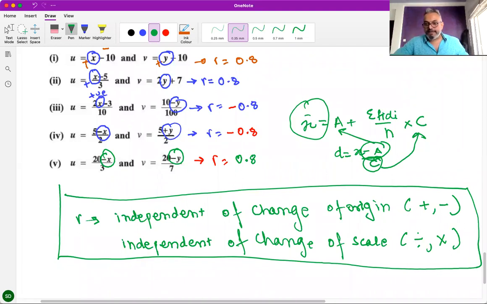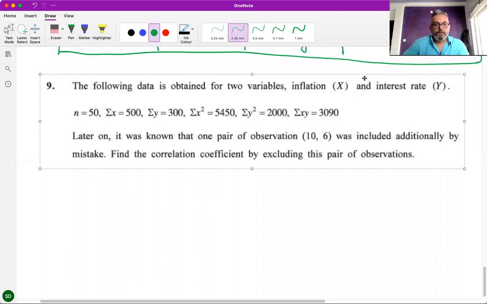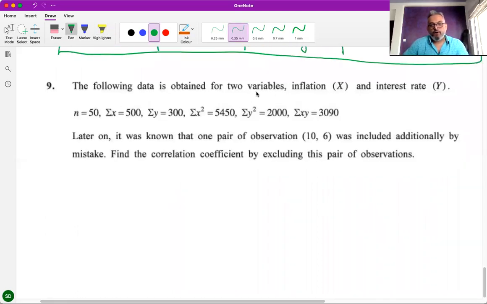नाउ ये हो गया सबका। अब चलो एक्सरसाइज के सम्स पे चलते हैं। Again, question 9 is important for exam. The following data is obtained for two variables, inflation and interest rate. N is equal to, sorry, 50. Then sigma x is equal to 500.